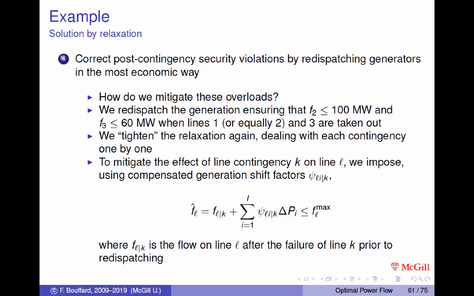So to do this, we have to include now compensated generation shift factors, which calculate the impact of changing the dispatch pattern at node I on the flow in line L while line K is down.